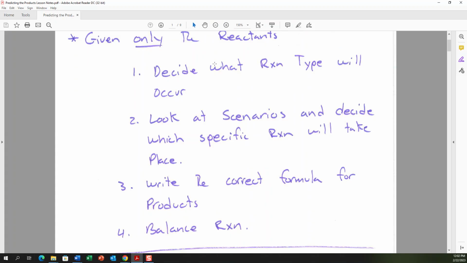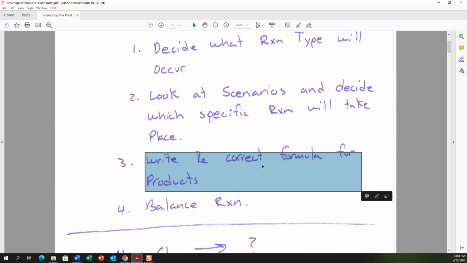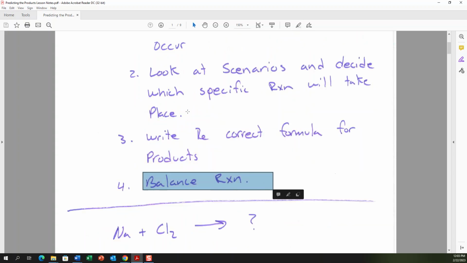Once you narrow it down to synthesis, decomposition, single replacement, double replacement, or combustion, you can go to your scenarios sheet and figure out which particular type of decomposition reaction or single replacement reaction is going to take place. Once you know what type of reaction it is, you figure out what your products are going to be, so get the correct formulas for your products. And then at the end, you just balance the reaction.